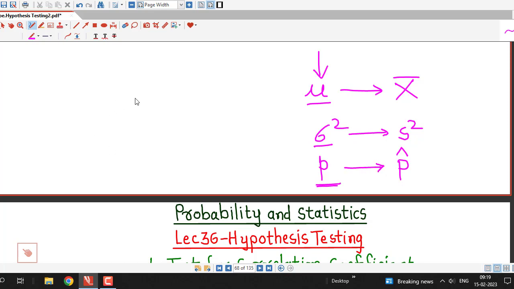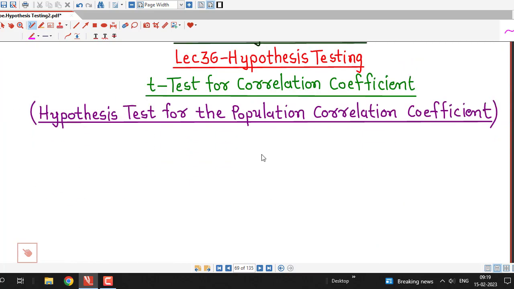Now we are going to estimate the population correlation coefficient, denoted by rho, using the sample correlation coefficient, denoted by R. So here our aim is to estimate the population correlation coefficient using the sample correlation coefficient.